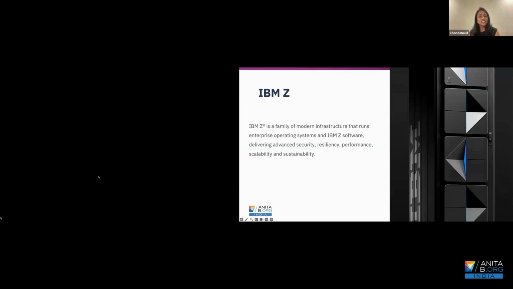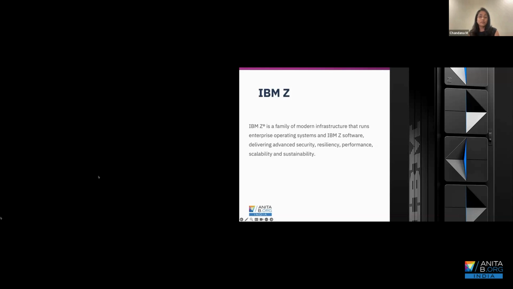Now I'll give a brief idea about IBM Z. IBM Z is a modern mainframe. It handles the world's most critical businesses. It has a family of infrastructure that delivers advanced security, resilience, performance, scalability, and sustainability.